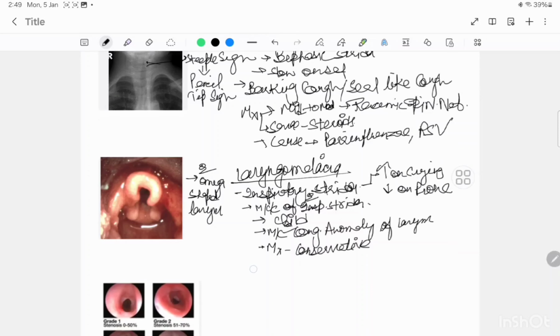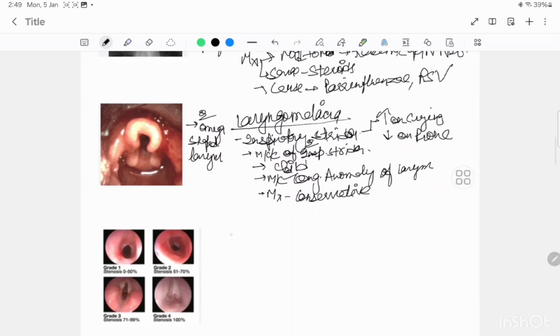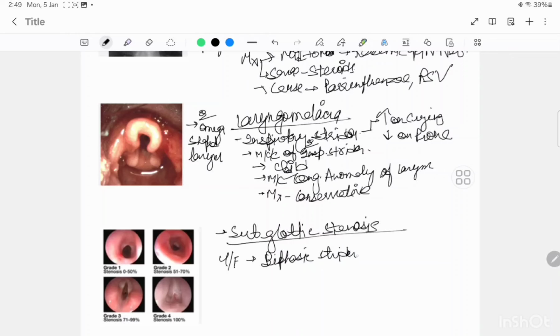So now this is the image of subglottic stenosis. The clinical feature of subglottic stenosis is biphasic stridor.